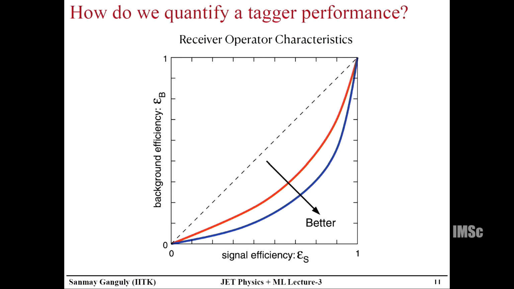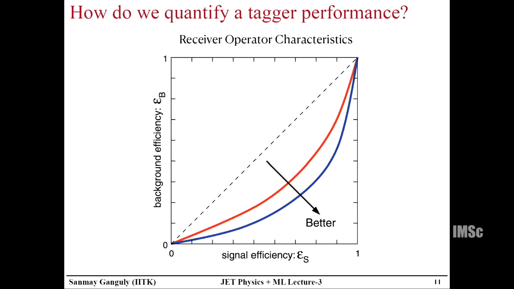However, if you put in a smart filter, then for a given background efficiency, you will tend to increase your signal efficiency, right? So an ideal tagger should take you to this corner where your signal efficiency is 1 and background efficiency is 0. That's never the reality.